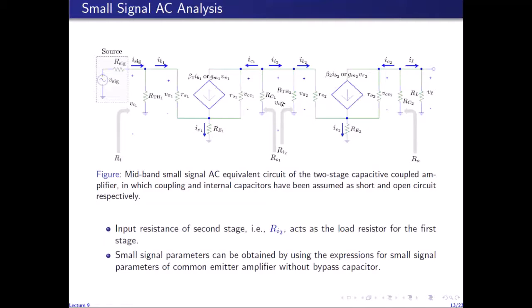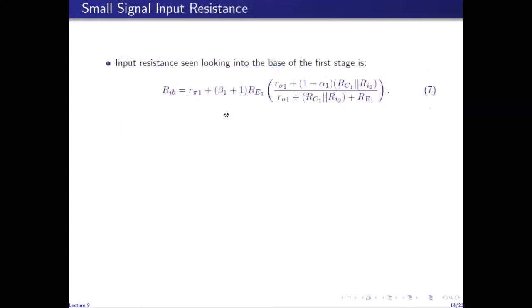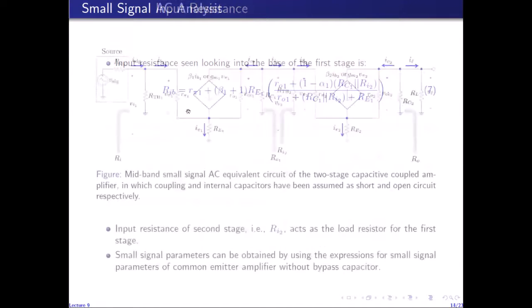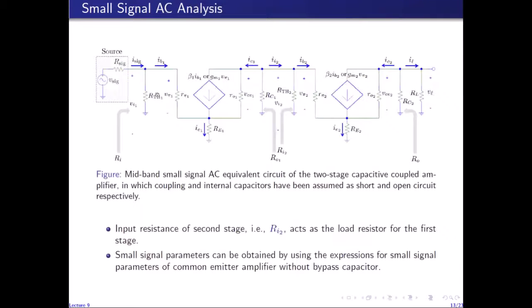The resistance seen looking into this port, which is made up of this node and ground, towards the right is Ri2. So whatever is towards the right, I can simply replace with Ri2. So Ri2 acts as RL for the first stage. So I simply replace RL with Ri2 in the expression we have derived for RIB, and we get RIB for this circuit, which is the resistance seen looking into the base of the first stage.